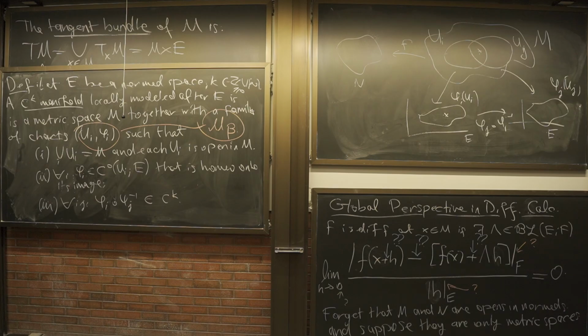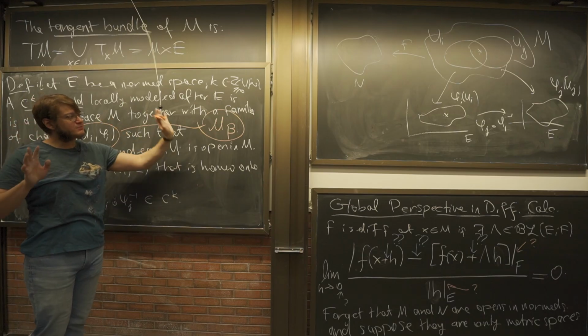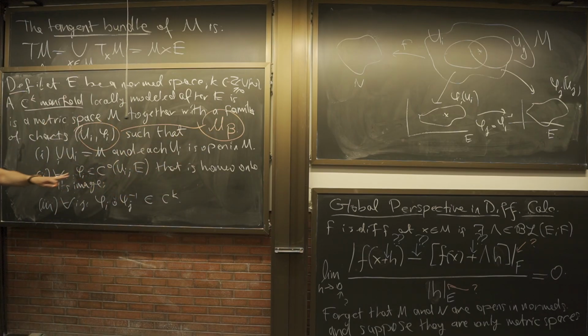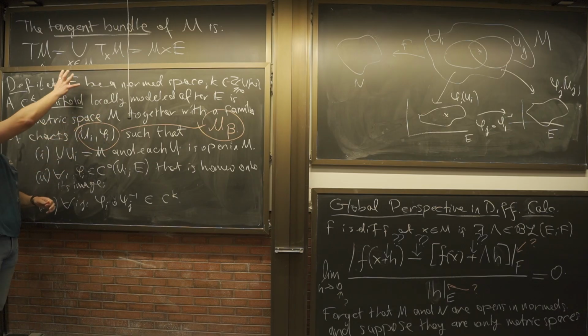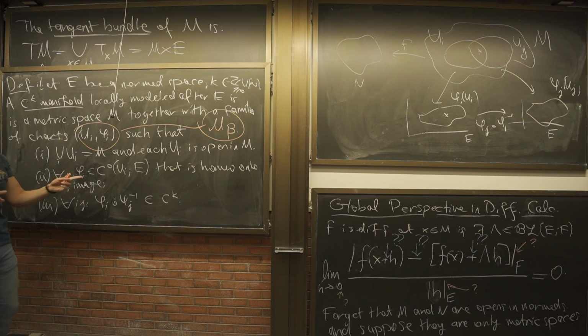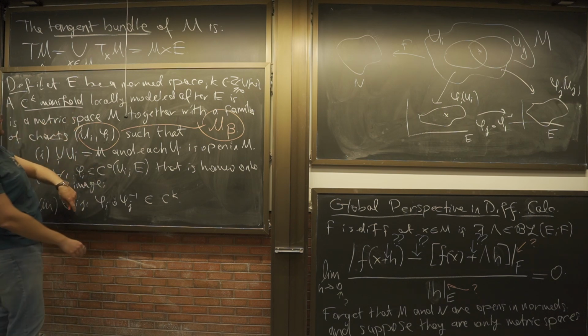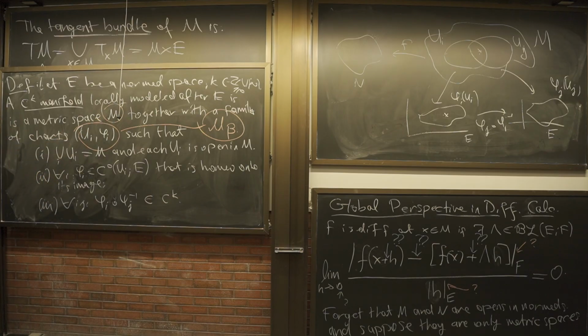The difference, though, is that in the case of a vector space, which is this bizarre thing, right? We have this bizarre, mysterious vector space, apply m sub beta to it, it turns into something you know. This is also similar. M is this bizarre thing, apply one of these charts, turns into something you know. Except because this M is possibly nonlinear, this chart that you used doesn't allow you to make sense of every single thing.